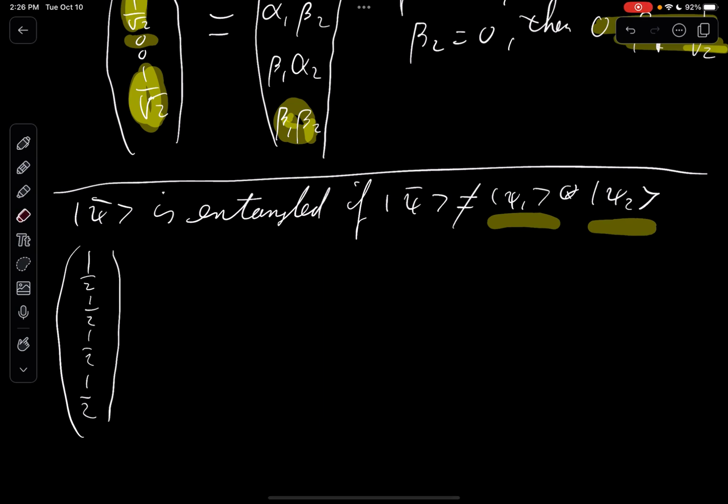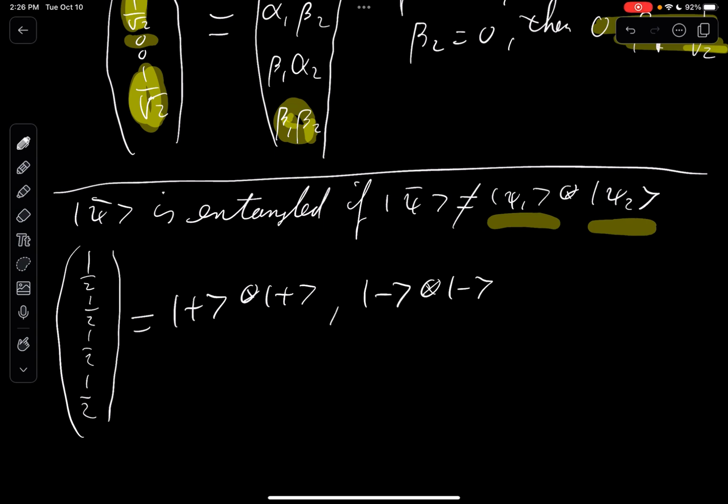But actually, if you look closely, you can check that this is the tensor product of the plus state with itself. So this state is definitely not entangled. You should also check, by the way, that minus tensor minus is the same as the guy on the left, except I have some extra minus signs.